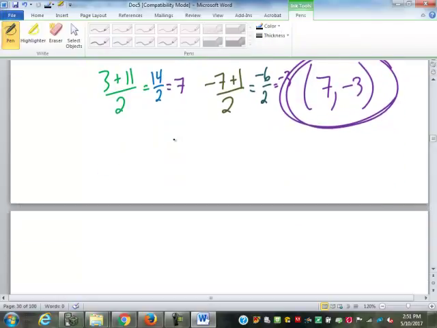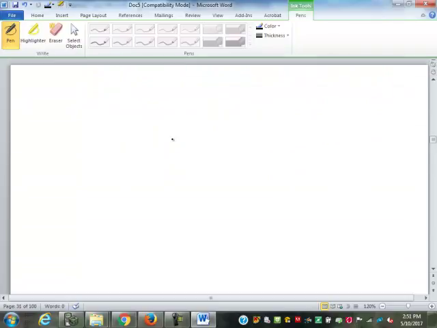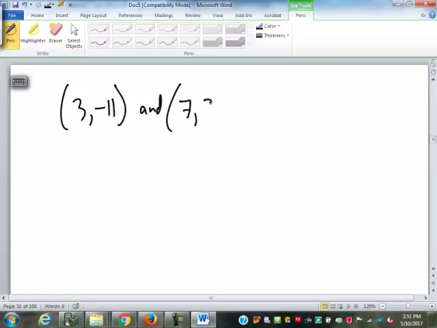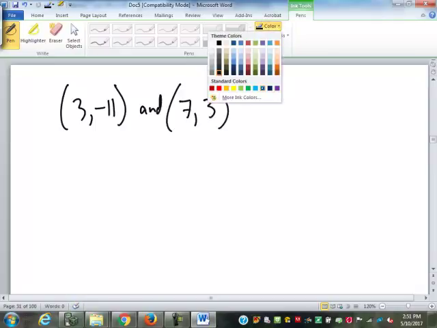Now let's do one more example of that, just to make sure here. Let's do 3, negative 11, and 7, 3. Find the midpoint. Where do I start?